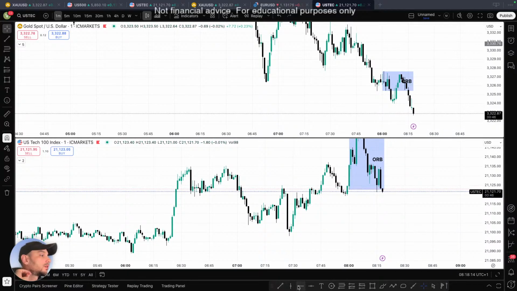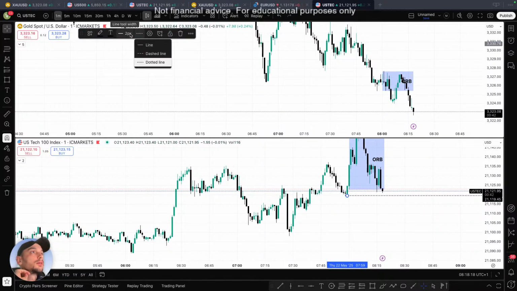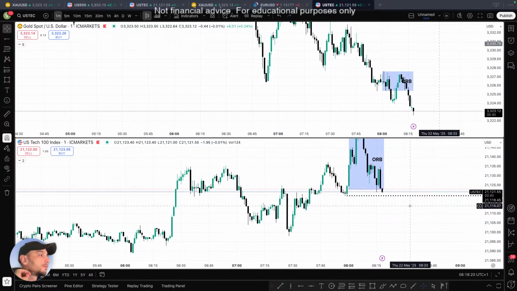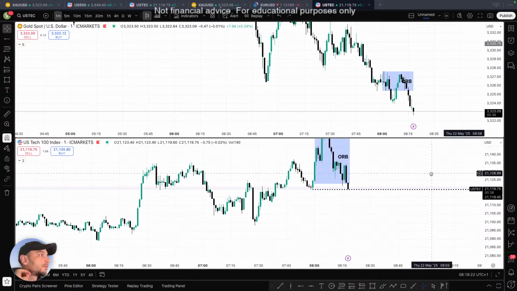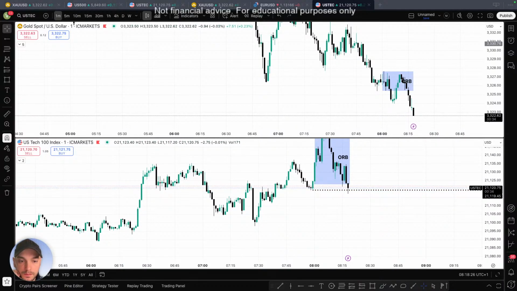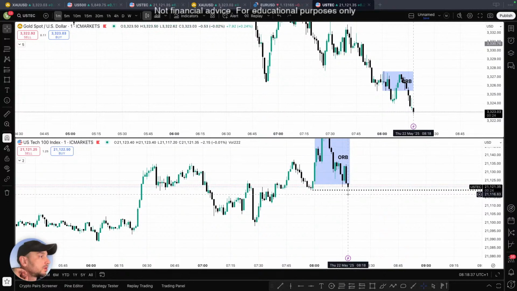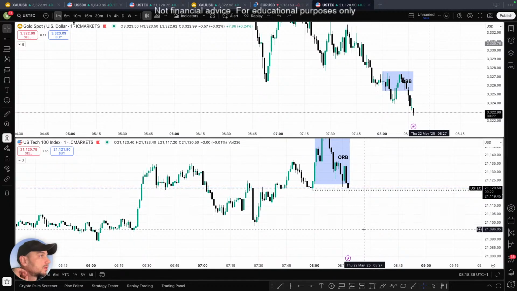We need a candle close below those lows here. I want to see a candle close below them, not just wick them out.